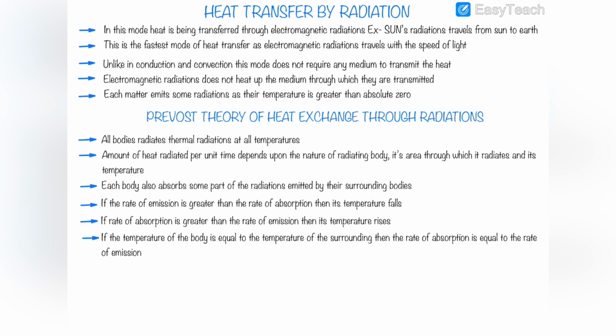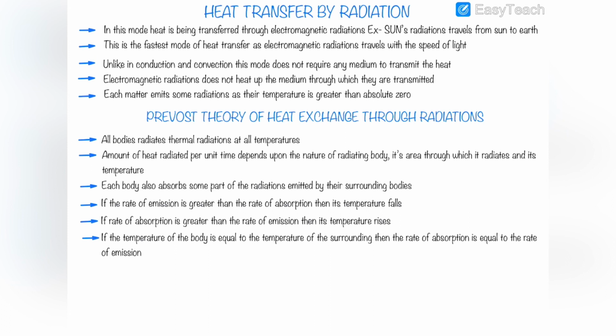Now, obviously, if the rate of emission of my body is greater than the rate at which it is absorbing the radiations, then its temperature would decrease, because it is radiating much more energy than it is absorbing. And if it is vice versa, if my body is absorbing more than it is radiating, then the temperature of my body will increase.